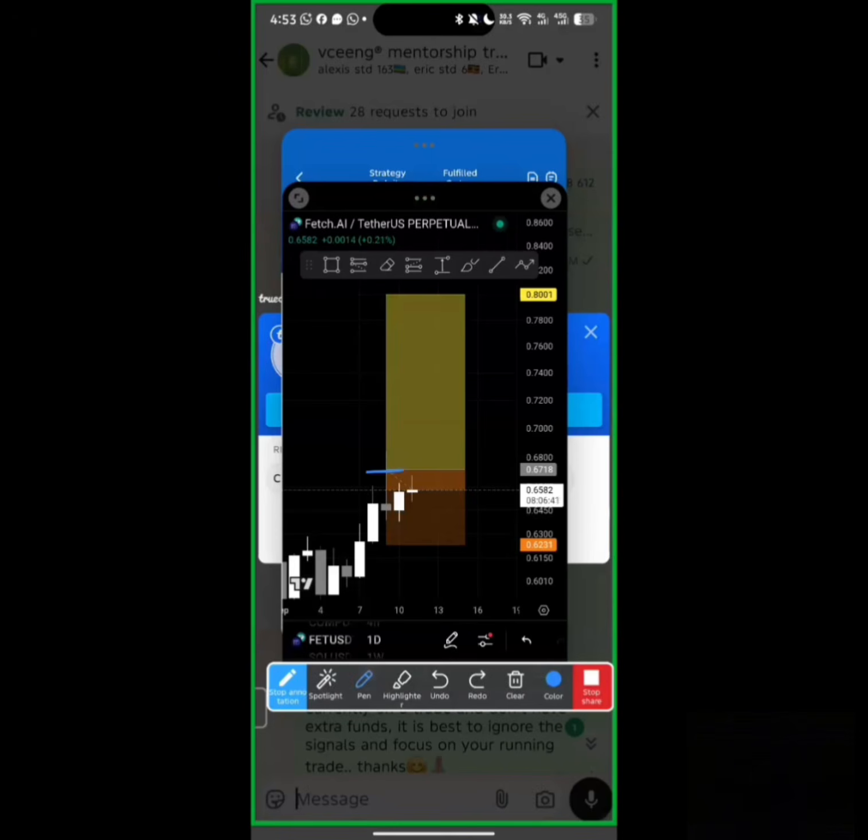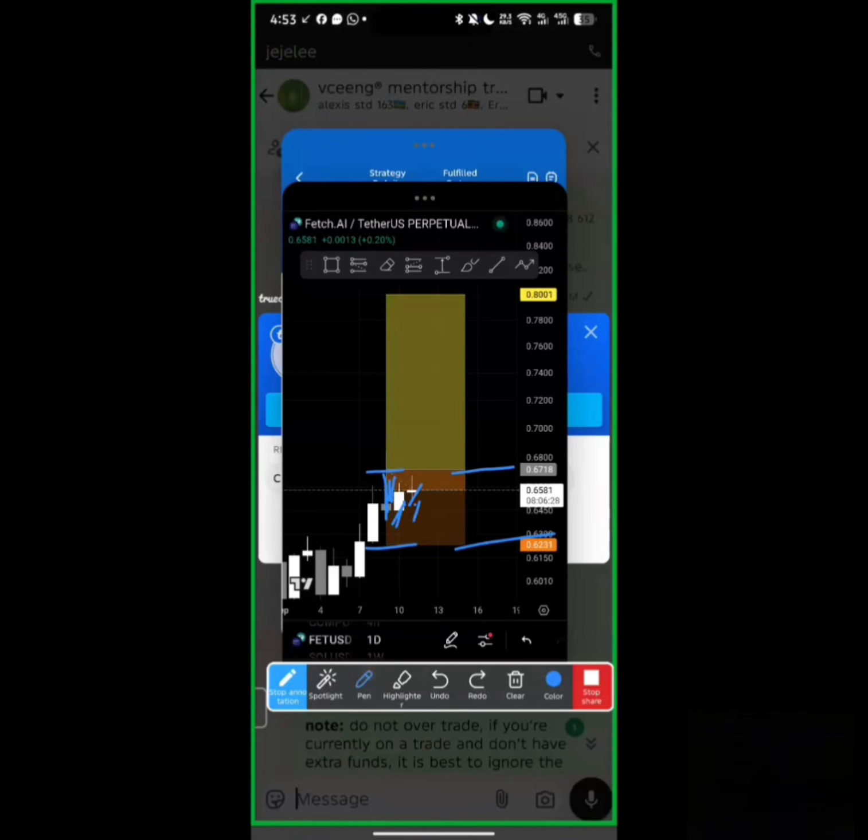At this entry point, that was where we entered the coin. You can see it started coming down. Now it's starting to go up again, but it has not reached our stop loss amount. It has to go up again so that it can get to our entry and then start going into profit.